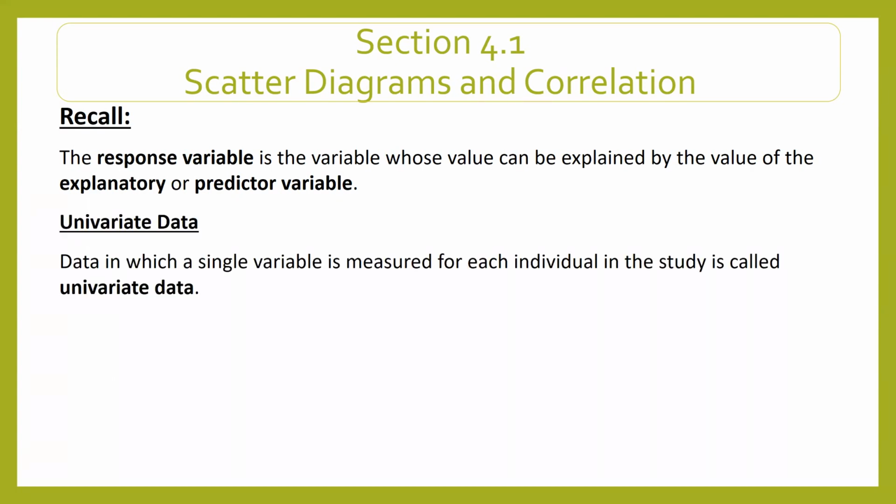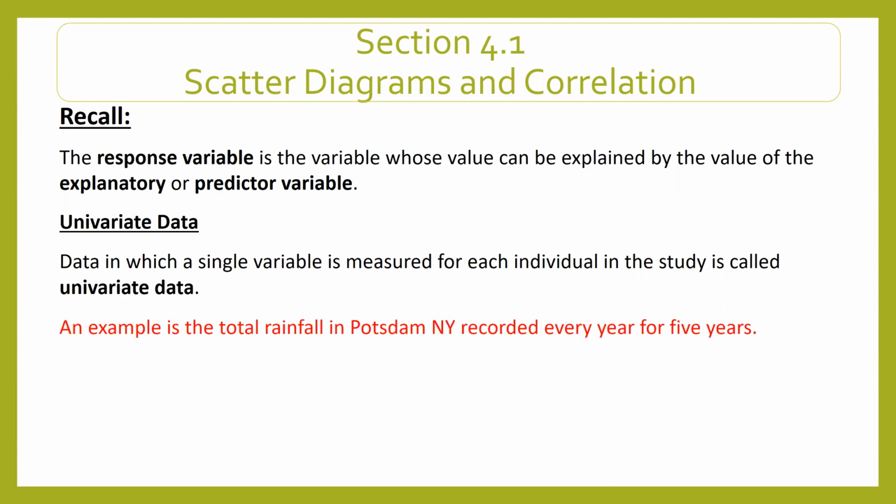Univariate data is data in which a single variable is measured for each individual in the study. For example, the total rainfall in Potsdam, New York, recorded every year for 5 years. That would be univariate data.